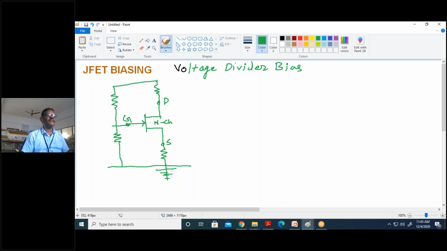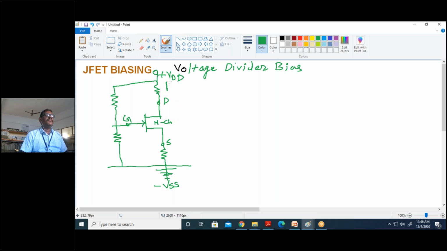This ground symbol is very, very important. Here minus VSS, here plus VDD. So positive potential applied to drain, negative potential applied to source.